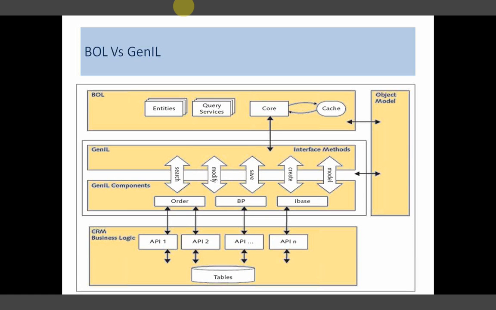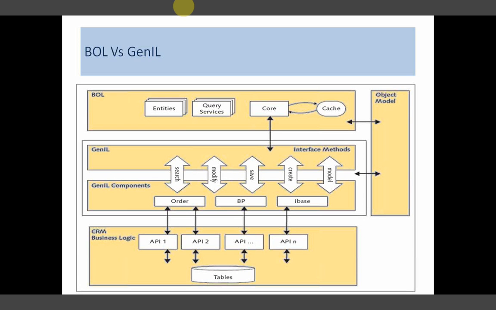To improve performance, BOL has a cache, which is nothing but a buffer. So how does the buffer work? For example, a user is trying to search for a customer ID 11608, and he gets the data. Now how does he get the data?